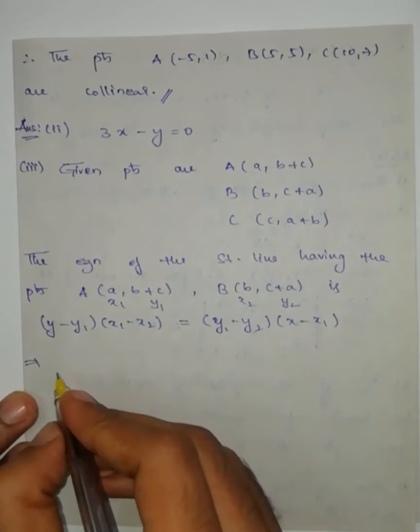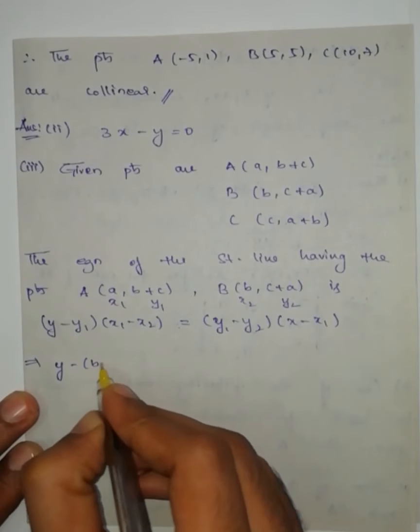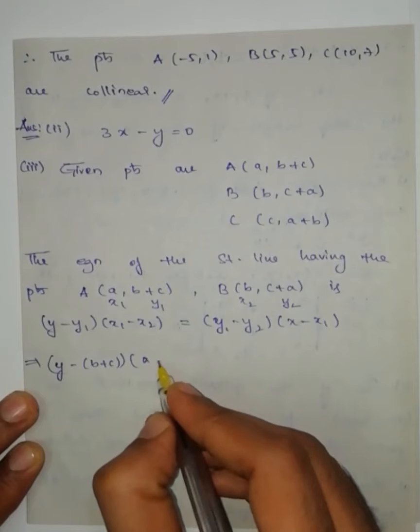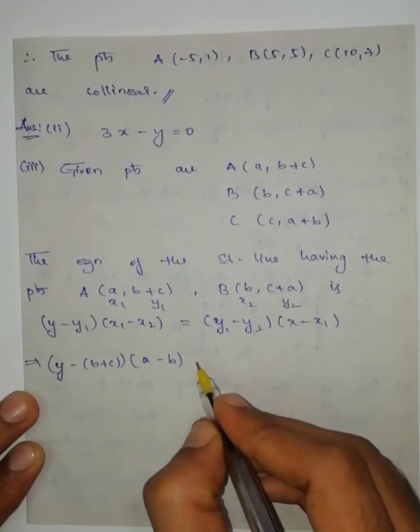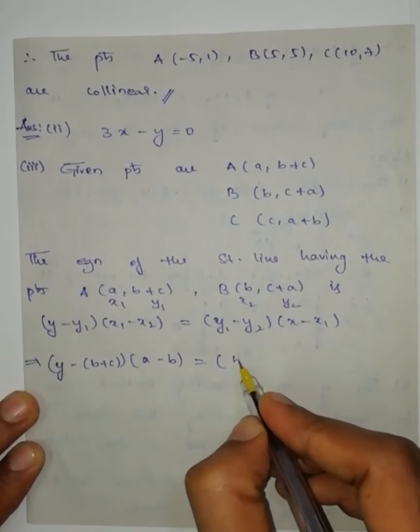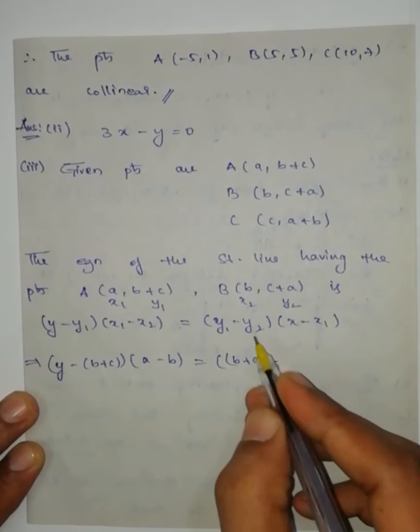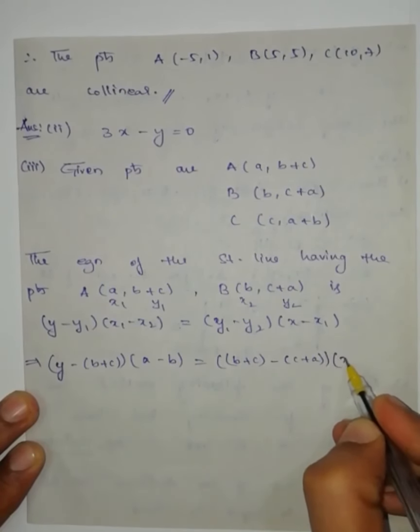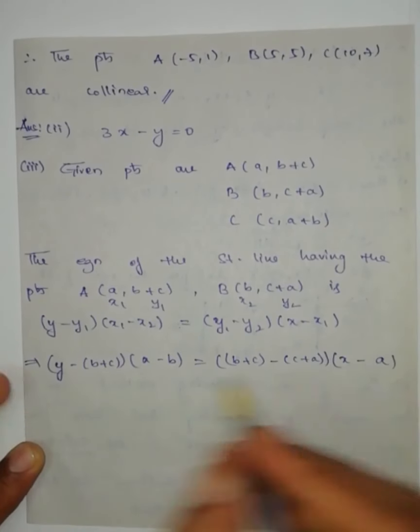Now substitute all the points. y minus b plus c, in place of y1 we have b plus c, x1 is a minus x2 is b, is equal to y1 b plus c minus y2 is c plus a into x minus x1 is a.